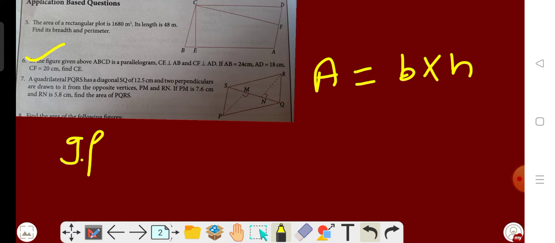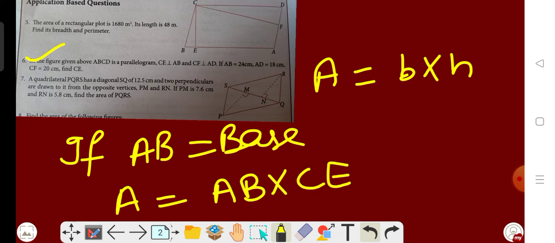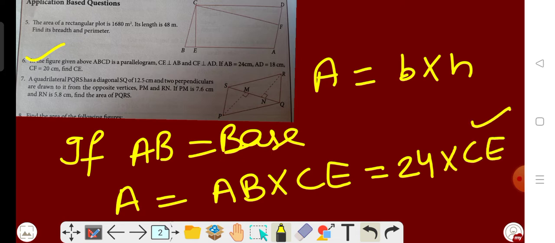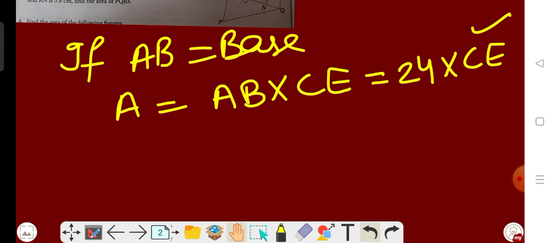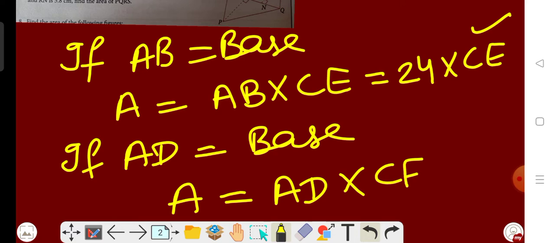So if AB is the base, then area is equal to AB multiplied by CE, that is 24 multiplied by CE, because we don't know the value of CE; we have to evaluate it. In the same way, if AD is the base, then area is AD multiplied by CF.